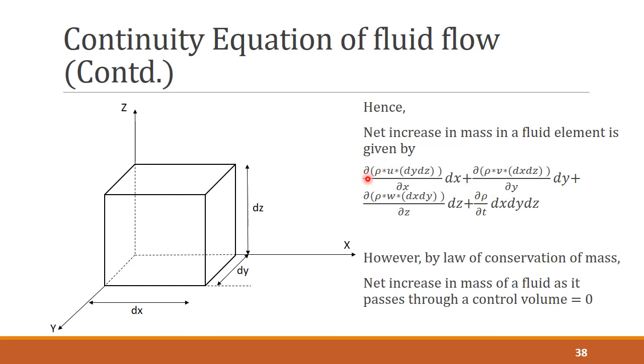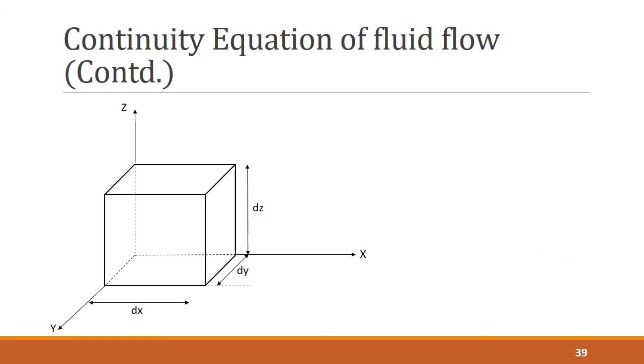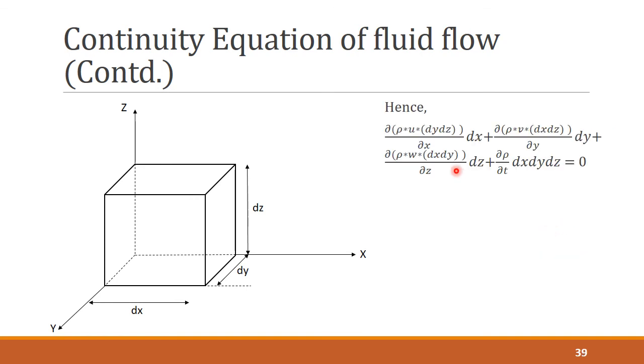And so this whole expression that we have obtained as the net increase of mass in a fluid element can be equated to 0. Thus, dou by dou x of rho u dy dz into dx plus dou by dou y of rho v dx dz into dy plus dou by dou z of rho w dx dy into dz plus dou rho by dou t into dx dy dz is equal to 0.